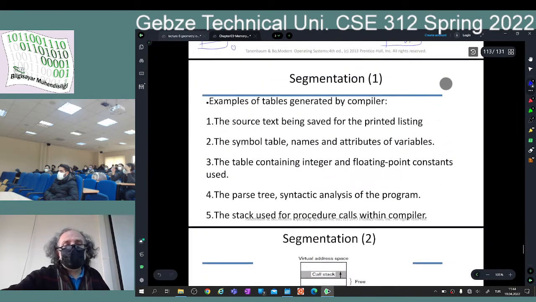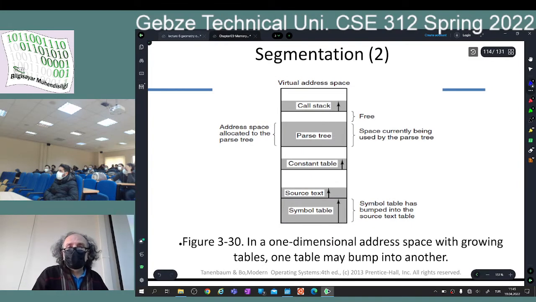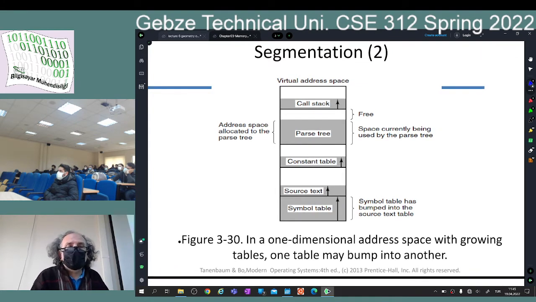So that's called segmentation, and this is the same picture for that compiler. I have 1, 2, 3, 4, 5 segments, and it looks like this segment is full. This segment has some empty place. This one some empty place. So the compiler works this way.